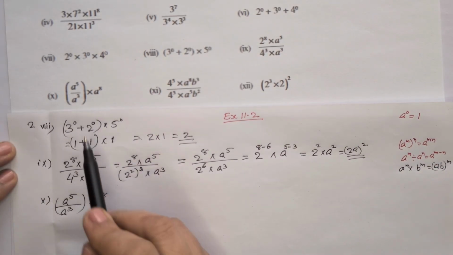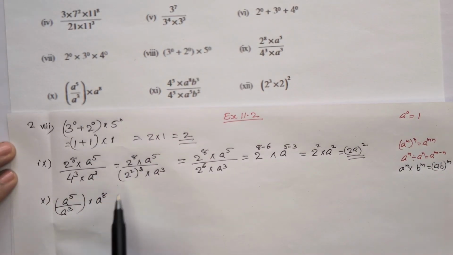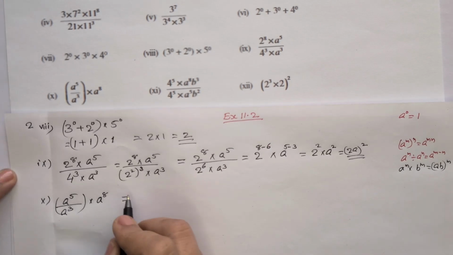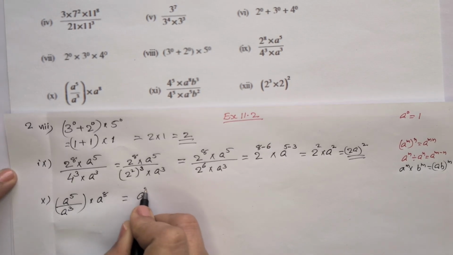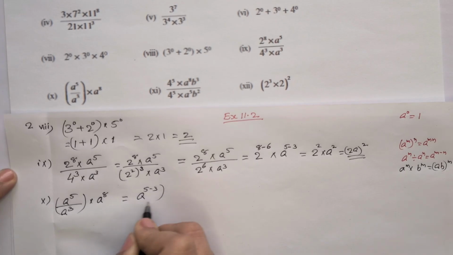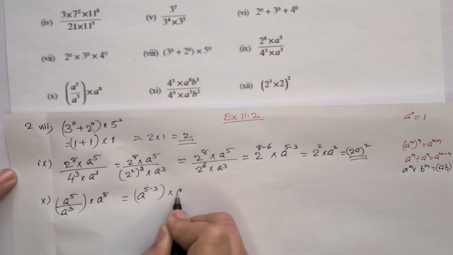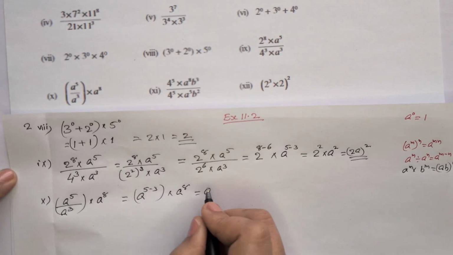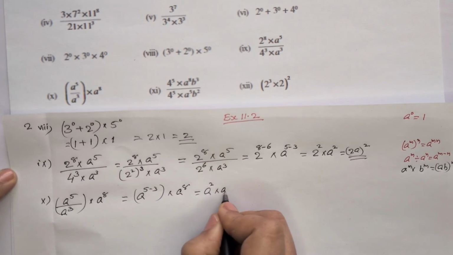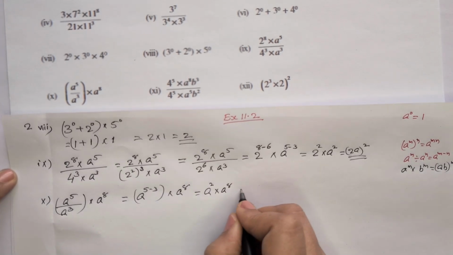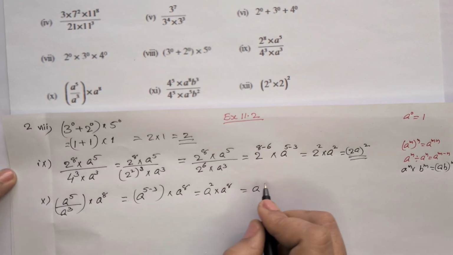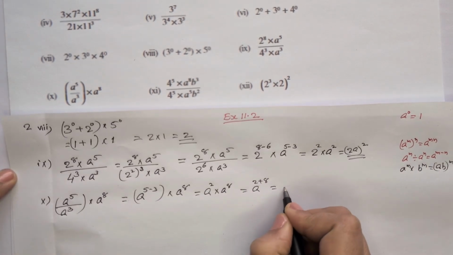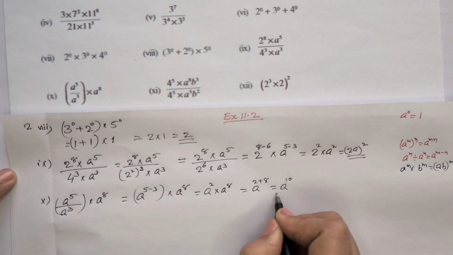A raised to 5 divided by a cube into a raised to 8, which is equal to, first we have to do the bracket, a raised to 5 minus 3, that into a raised to 8, which is equal to a raised to 5 minus 3, which is 2, into a raised to 8, and using the product rule, a raised to 2 plus 8 is equal to a raised to 10.